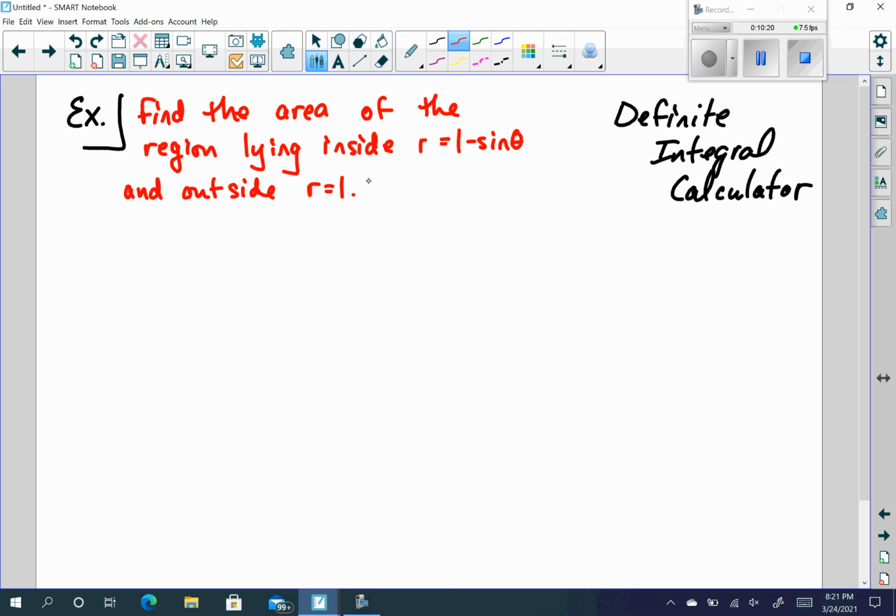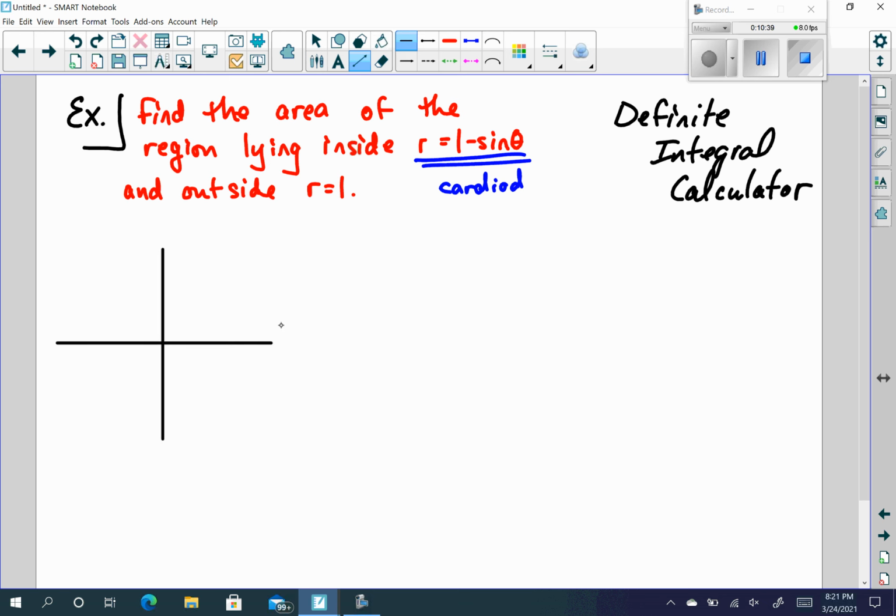Well, in section 10.3, we looked at something like this. I think it was 2 times the quantity 1 minus sine theta, and that graphed a cardioid. So anytime we see something like this, it's going to graph something very similar, so we don't have to go through the process of making a table again.